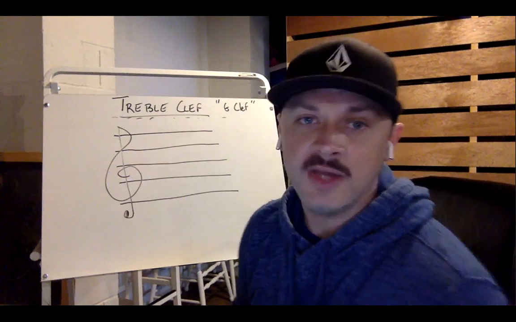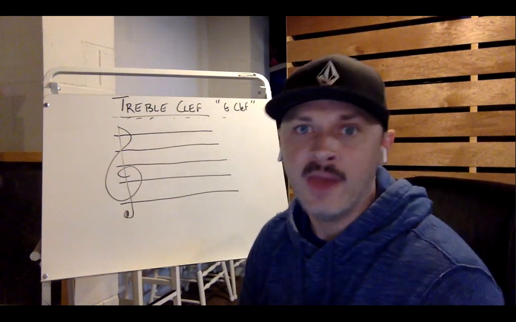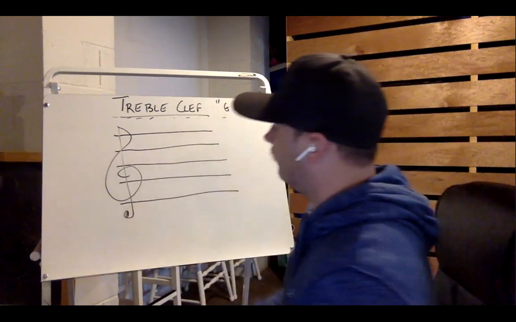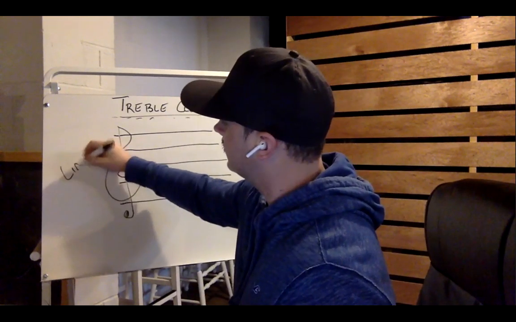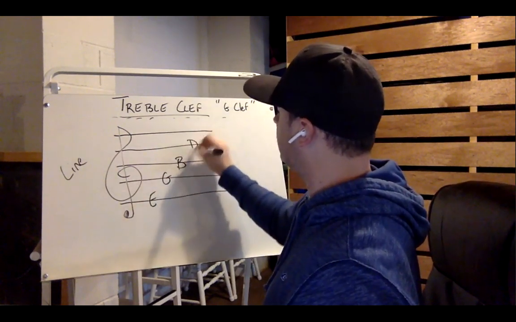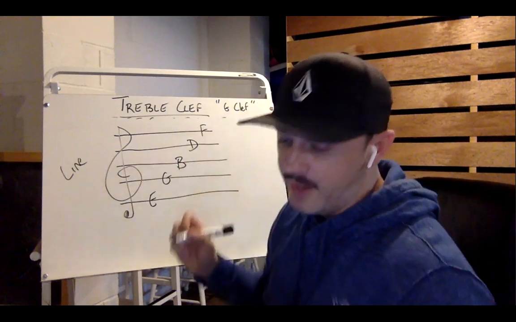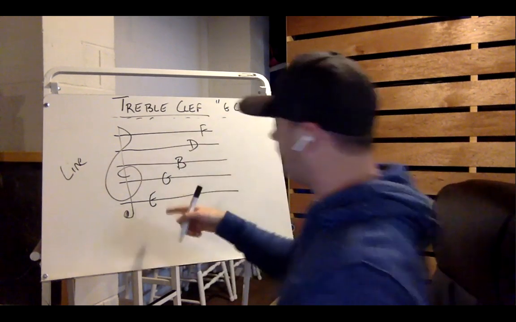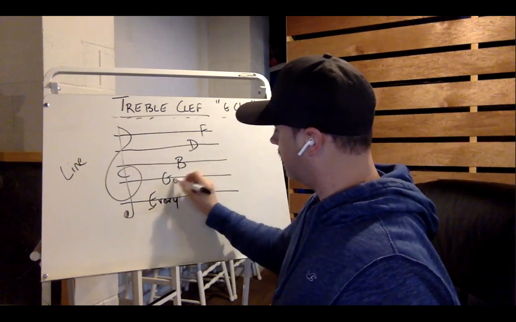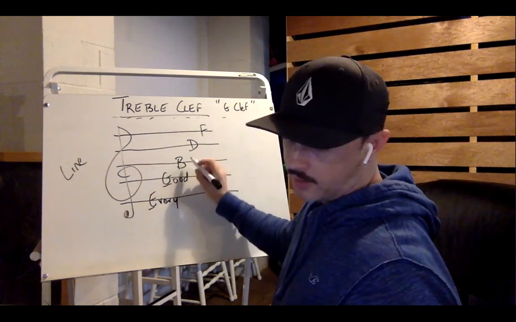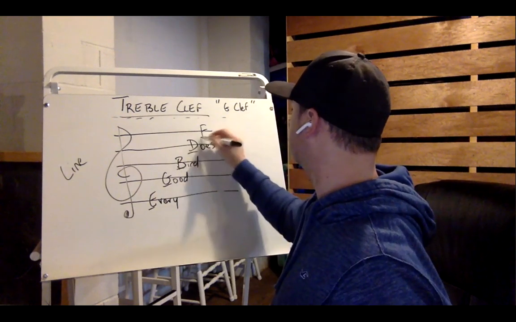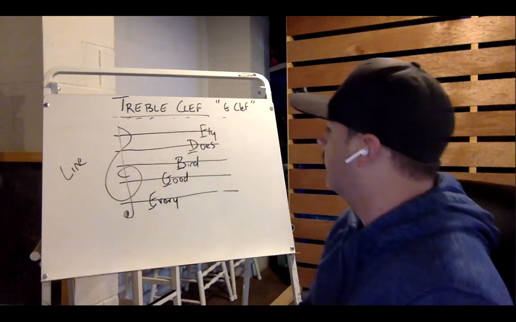Now there's an easier way to remember the different lines without memorizing every single one, okay? So for the lines, E, G, B, D, and F, but we're gonna put a little saying with it. Now, your worksheet puts every good bird does fly, okay?